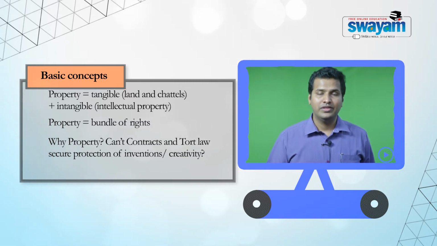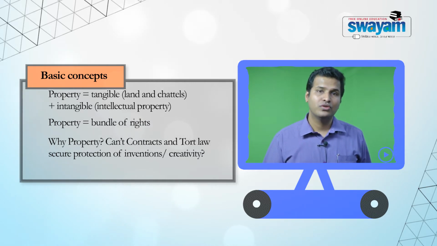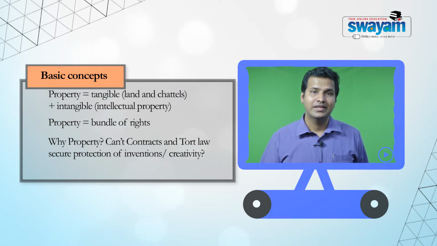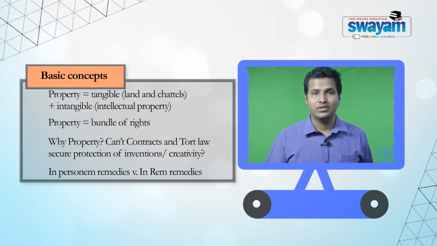The nature of remedies provided in a property right is in rem, vis-a-vis the nature of remedies provided in other categories is in personam, in the sense that if you have a property right, it applies against the world, but if you have one of these contractual rights or an action under tort law, it may be vis-a-vis a person. So specifically property rights provides you a broad ambit and scope to deal with various kinds of activities involving protection of invention and creativity against the whole world in general.